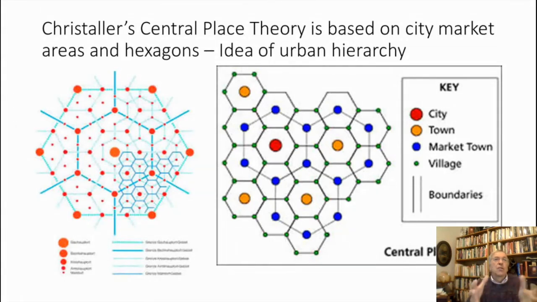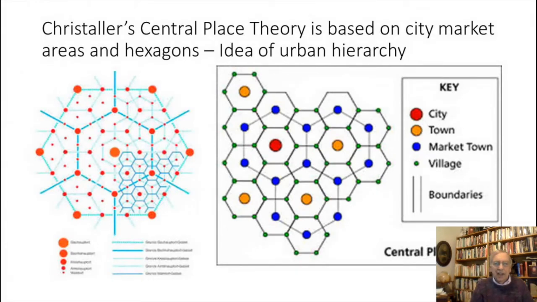They were going to go to the nearest town. So if you wanted a pair of shoes, you were going to ride your horse into town 5 miles. You weren't going to go 11 miles to the other town. You were going to go to the closest town. So he assumed an equally distributed population, and he assumed that people went to the closest place.